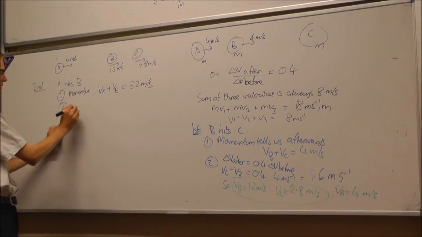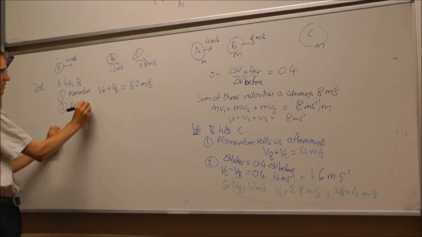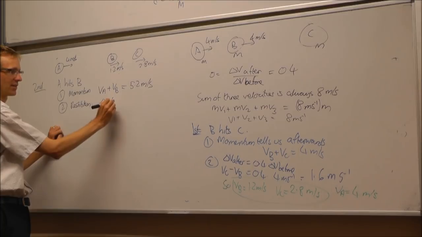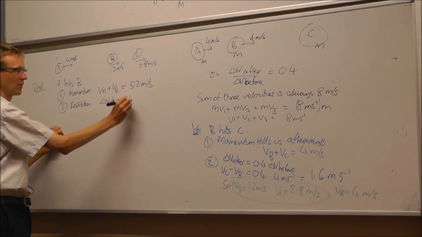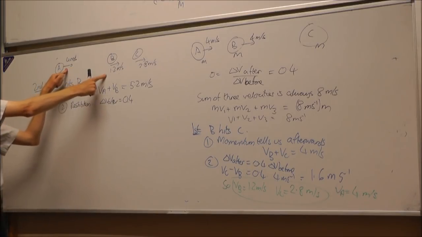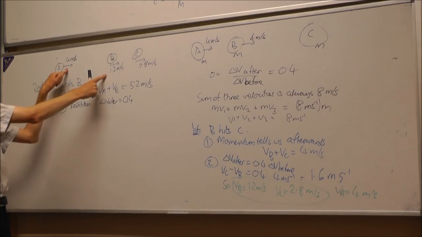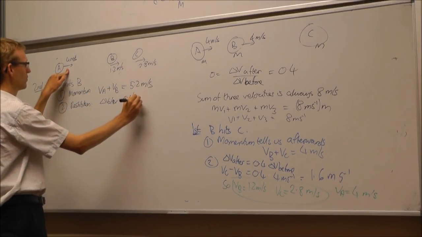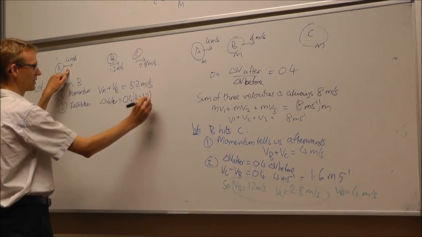And restitution tells us that delta V after is 0.4 times delta V before, and the difference before is 2.8, which is 4 minus 1.2.